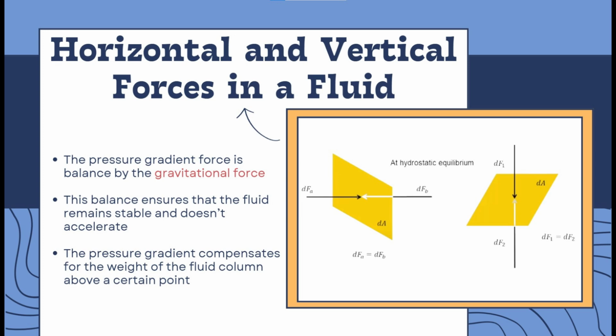If a fluid is in hydrostatic equilibrium, it means that the forces acting on it are balanced and the net force is zero. This balance ensures that the fluid remains stable and does not accelerate or move on its own.